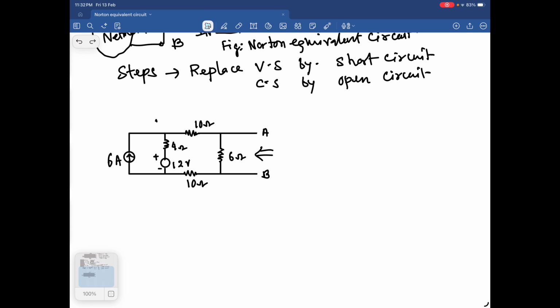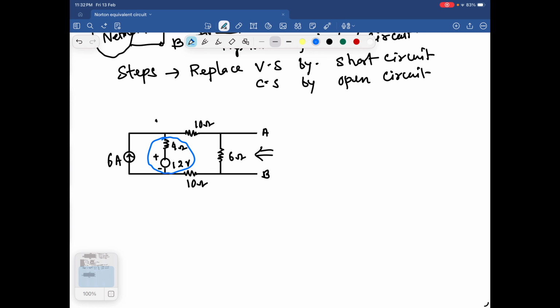So here we can see one current source, this current is going upwards, and here it is a voltage source and series resistance. So what we can do, we can convert this voltage source to an equivalent current source.